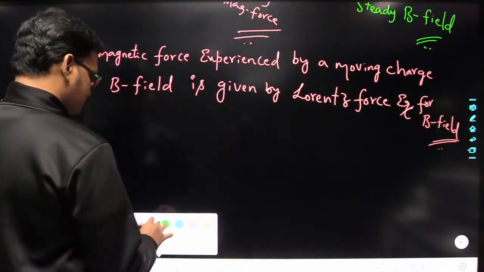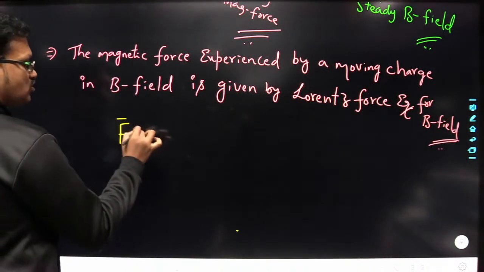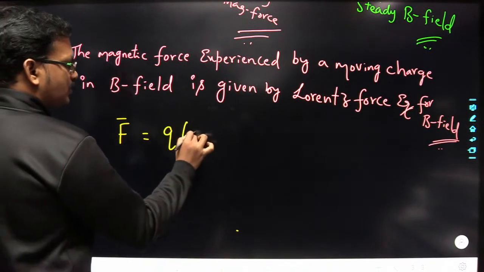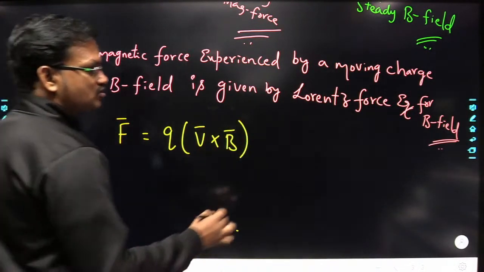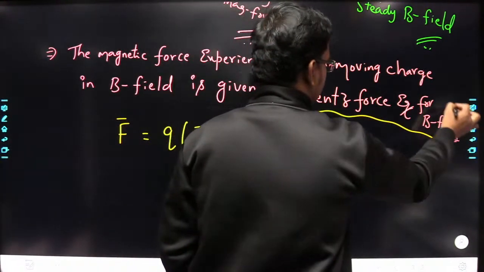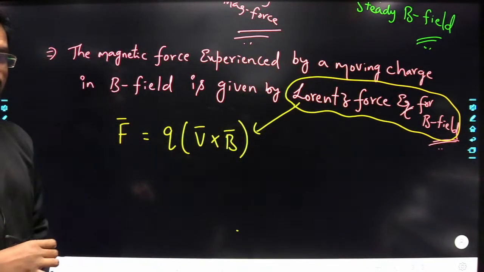So what is that equation? The Lorentz force equation for B field is nothing but F is equal to Q into V bar cross B bar. This is called the Lorentz force equation for B field.